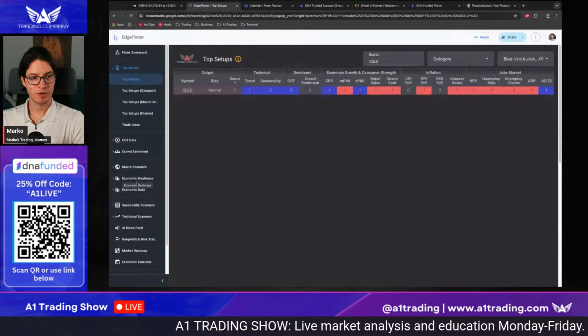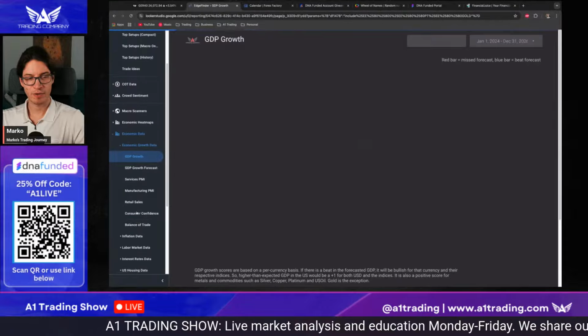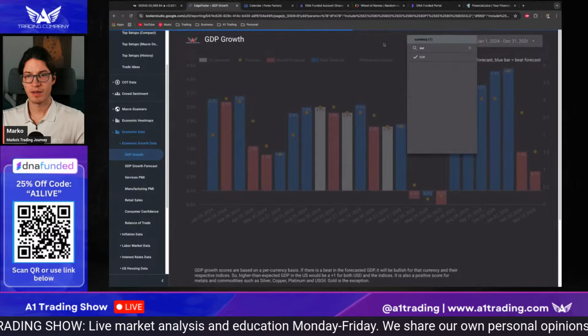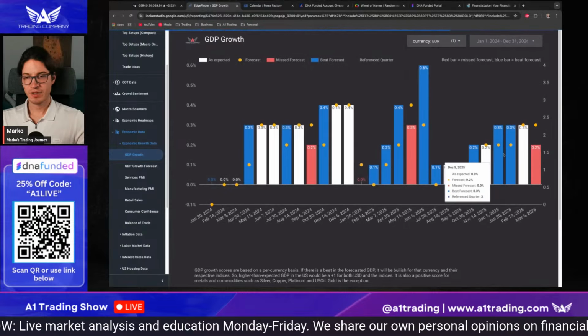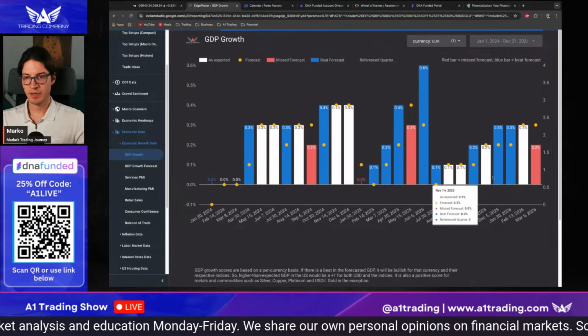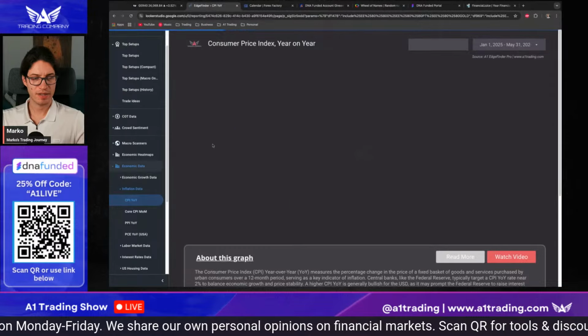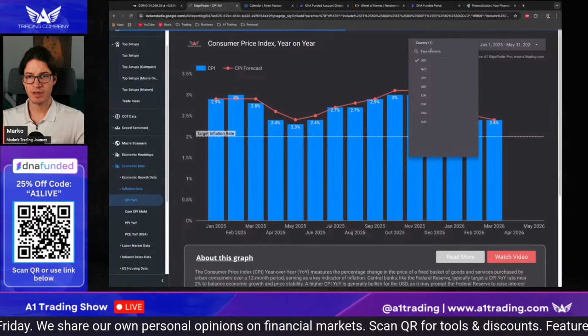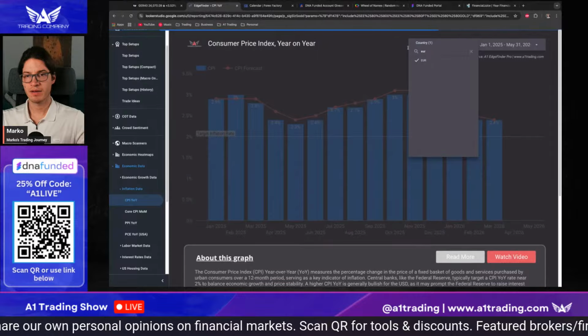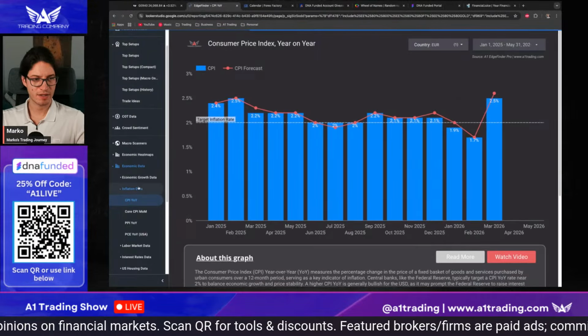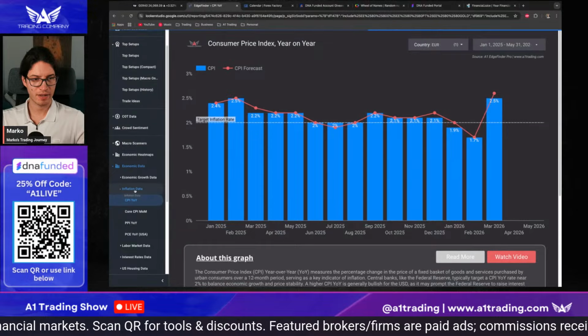If we do some analysis on the Edge Finder, if we look at the GDP for Europe, it's not great. It's near 0.1, 0.2. It's pretty bad. Inflation, let's take a look. I think inflation is fine, 2.5%. It's not a big issue.